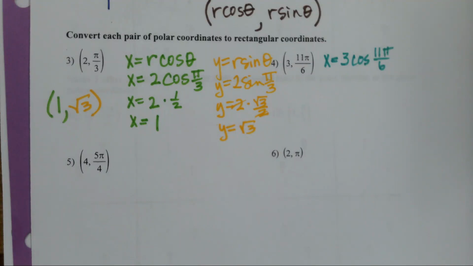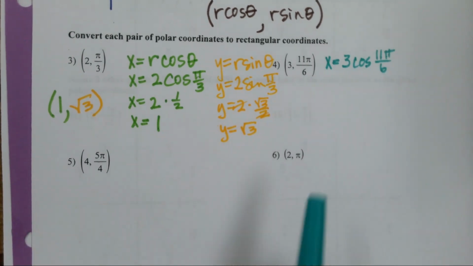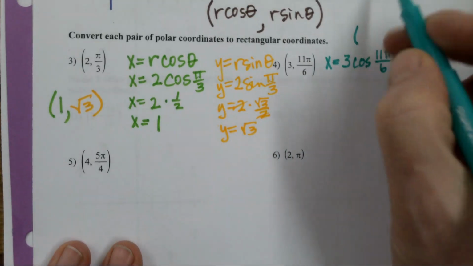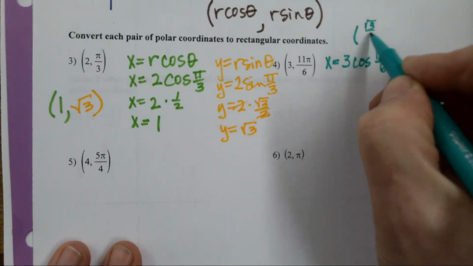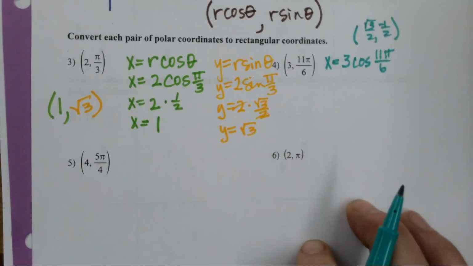When we were doing our coordinate points, we found our cosine by looking at the x-coordinate, our sine by looking at the y-coordinate. So it should make sense that the x-coordinate is found by using the cosine. So I need x to be 3 times the cosine of 11 pi over 6. Again, 11 pi over 6, fourth quadrant, pi over 6 family. Pi over 6 is square root of 3 over 2, 1/2. Fourth quadrant makes it positive and negative.